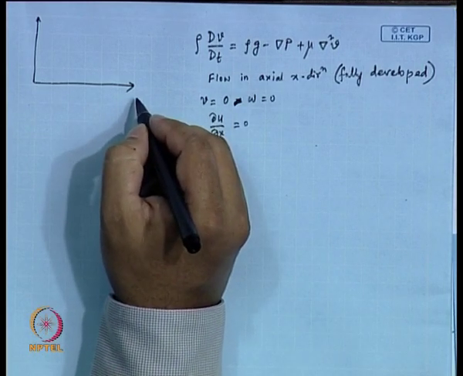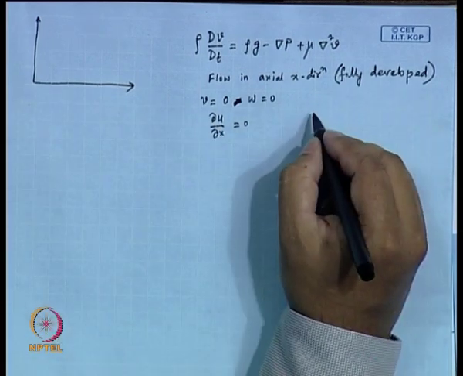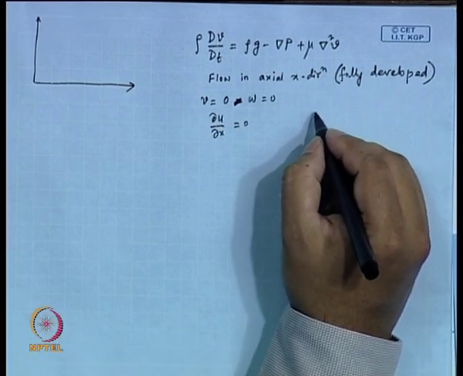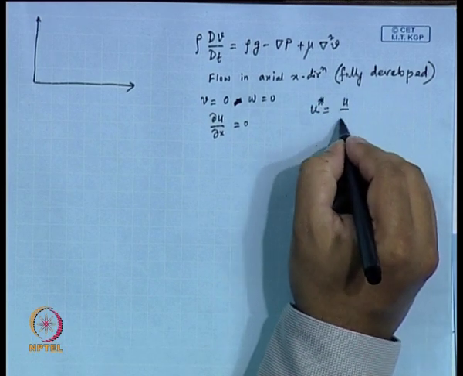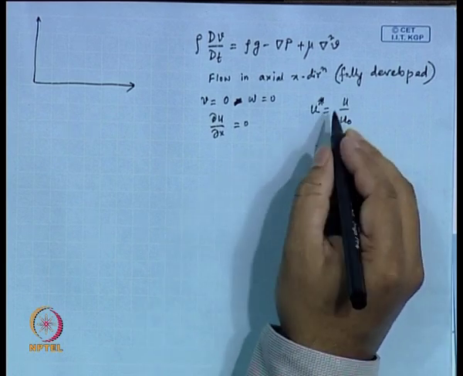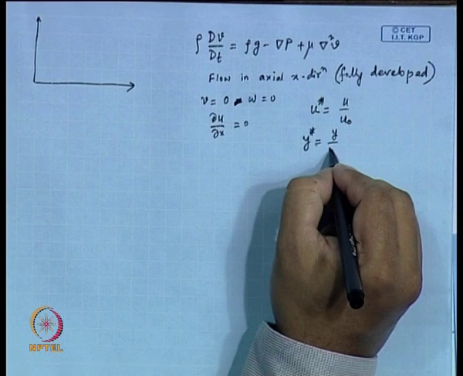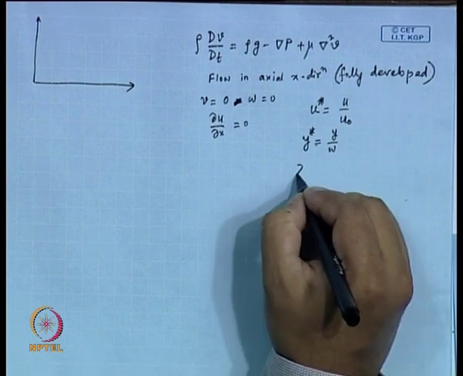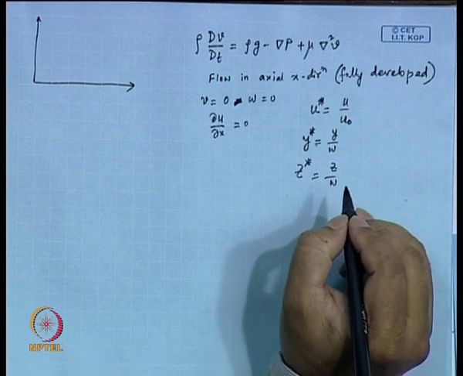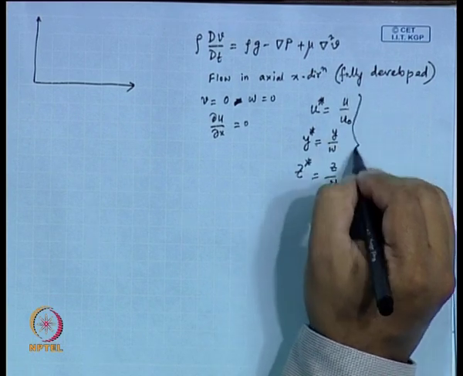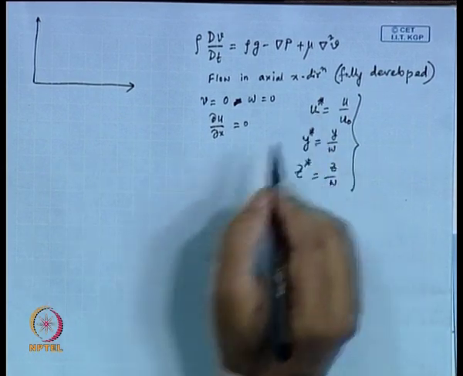Now, before putting the drawing, let me point out that I am putting u star as a dimensionless value, u by u0, y star as y by w, z star as z by w. These are the dimensionless forms we have.